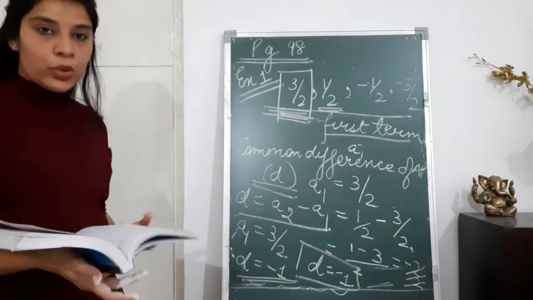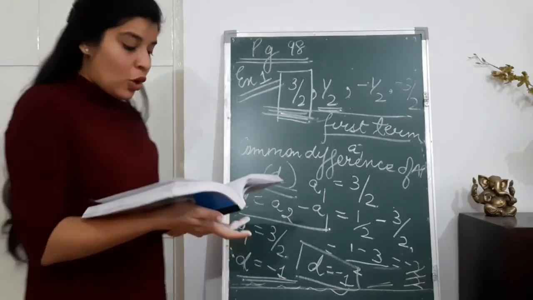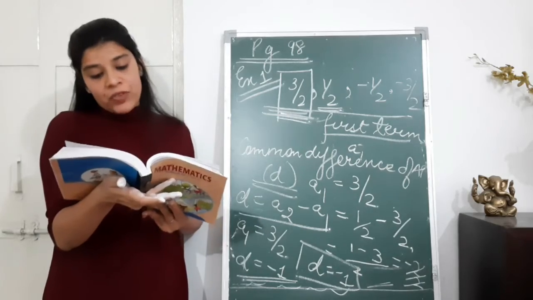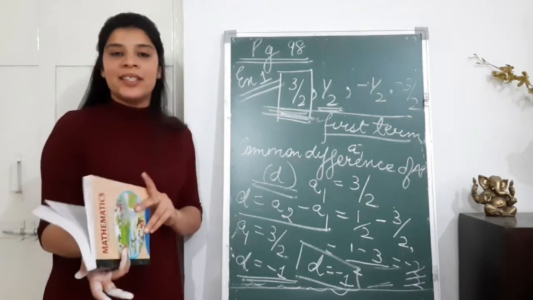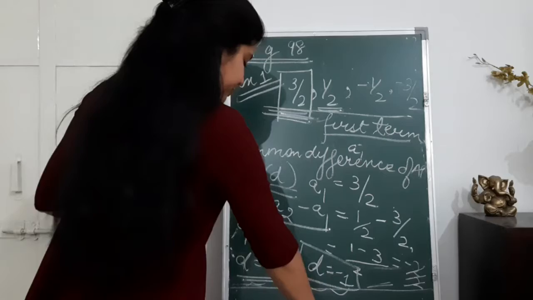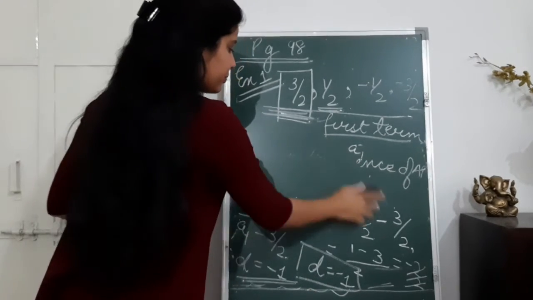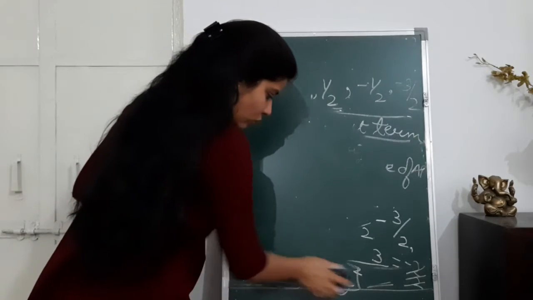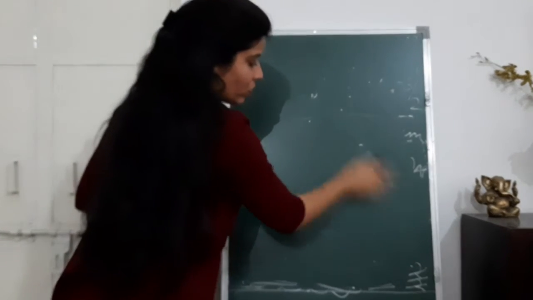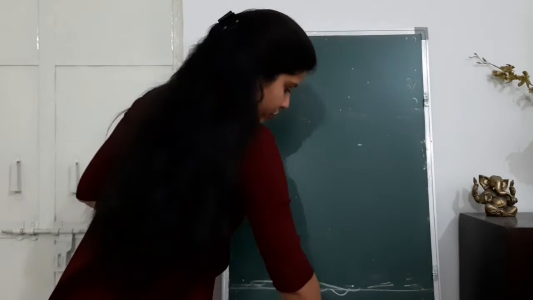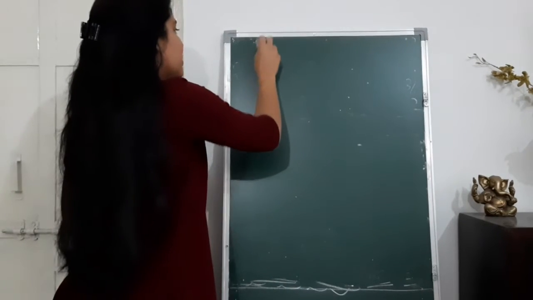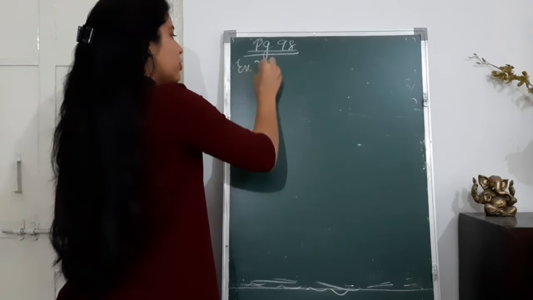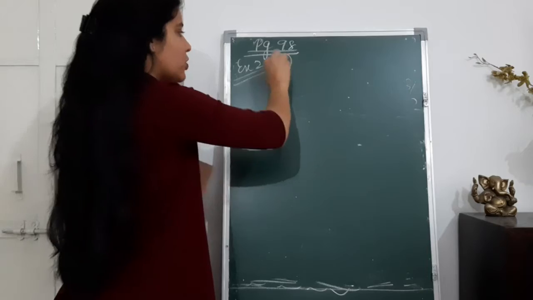Okay. Now we'll go to example 2. Which of the following lists of numbers form an AP? If they form an AP, write the next two terms. In page 98, example 2, first question.